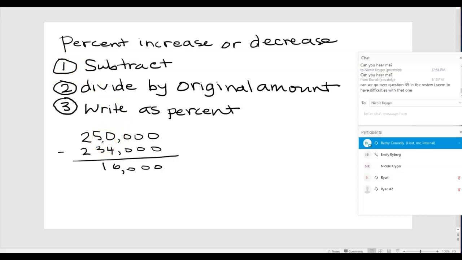You would end up with a negative. Okay, yeah, that's fine. As long as you don't put that negative on in the end, you'll be just fine.